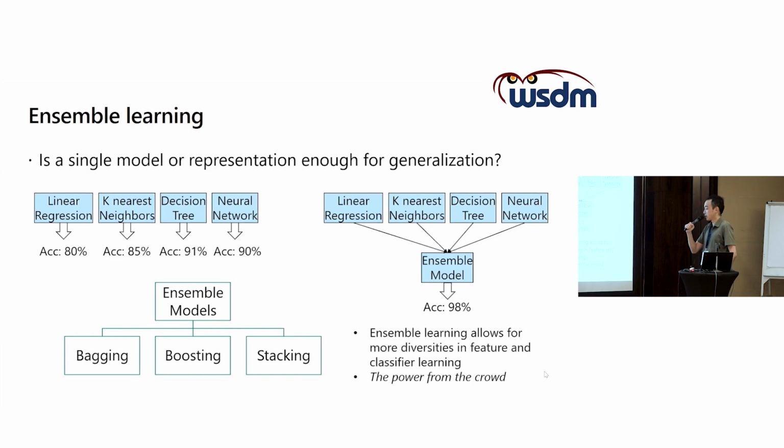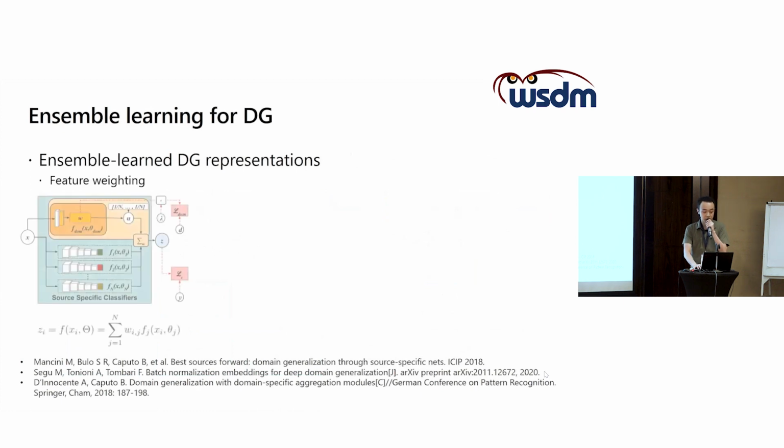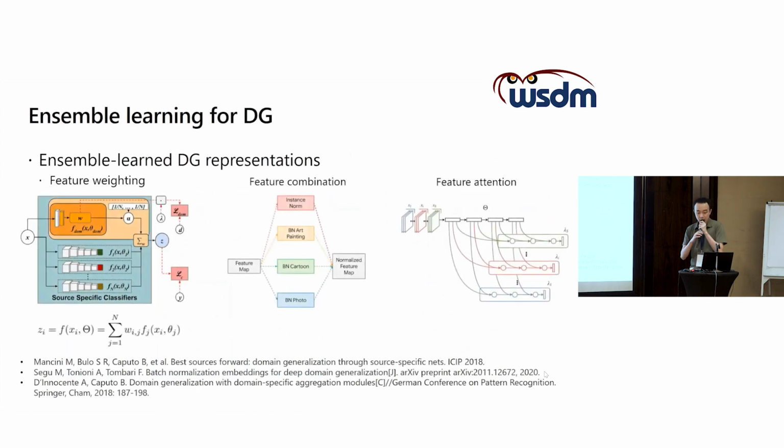Here, one can apply similar ideas to improve the generalization of our model. In the community of domain generalization, one can consider doing ensemble learning at two different levels. The first level is the feature space, which can be learned from different domains.